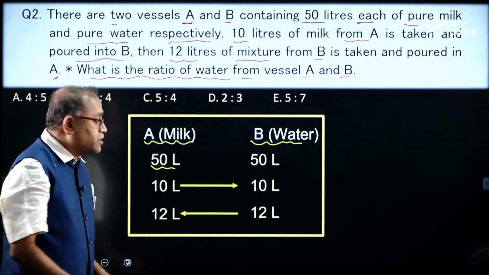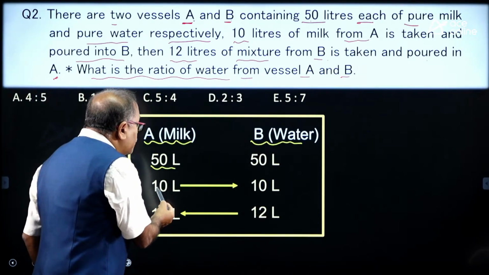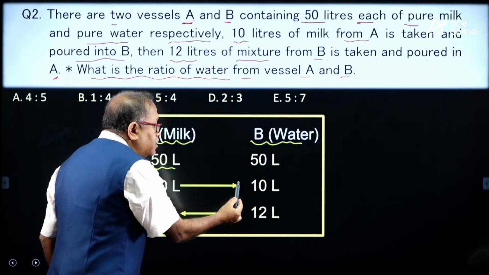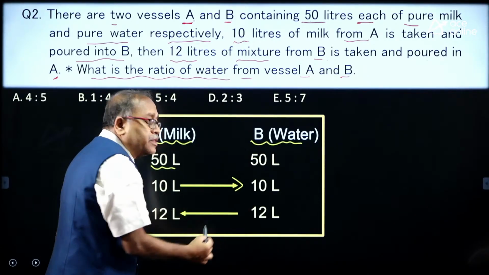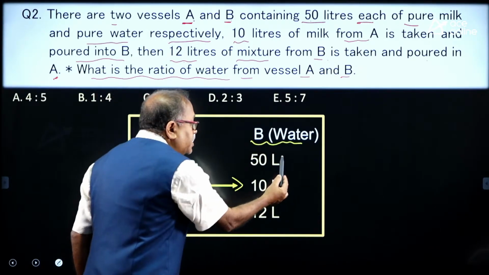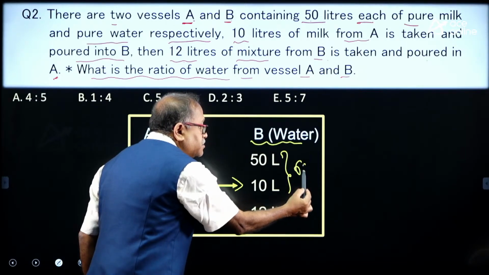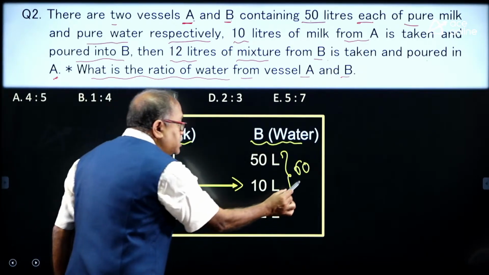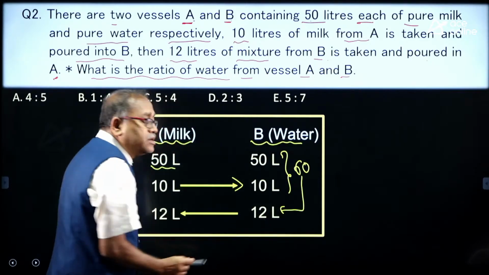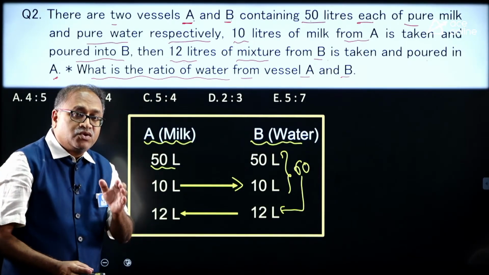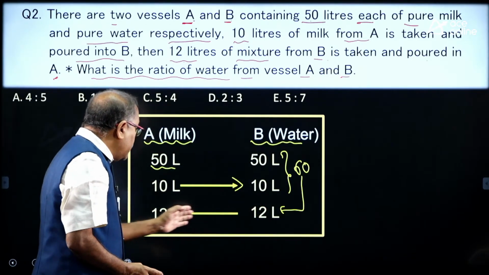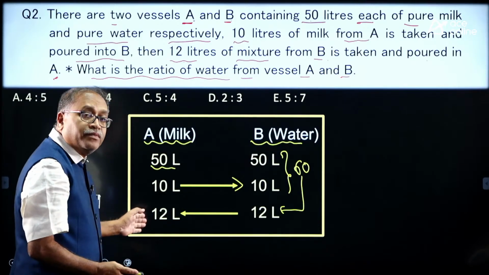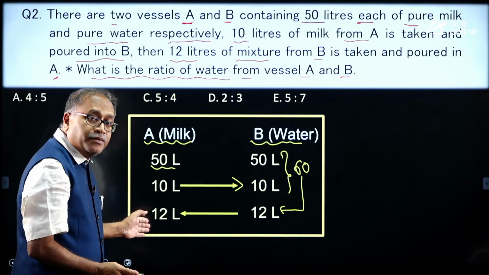What is the first activity done? 10 liters of milk is taken out and poured into B. Now, it has become 60 liters. From 60 liters, what is done? 12 liters of the mixture is taken out and poured into A.